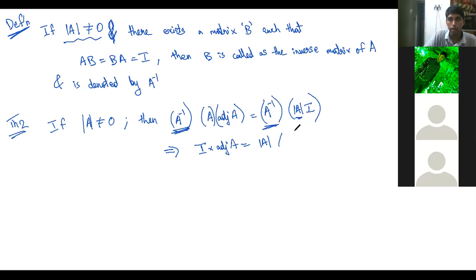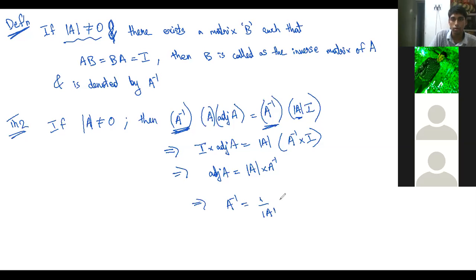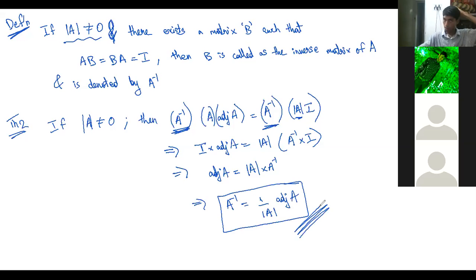And I can write this as A inverse into I. So I into this is again adjoint of A. Det A times A inverse into I will be... or in other words, A inverse is defined as 1 by det A times adjoint of A. A inverse is defined as 1 by determinant of A times adjoint.